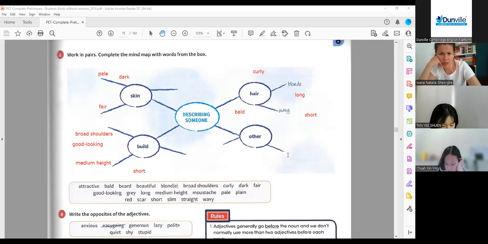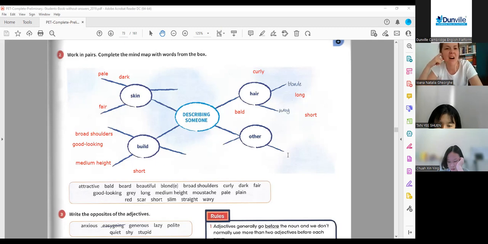Okay, now we have a few other words. You have attractive, you know what it is. What is beard? What's a beard? Yeah, facial hair for men, beard. And then what words have we not mentioned? Gray, you can use it for hair. A mustache.